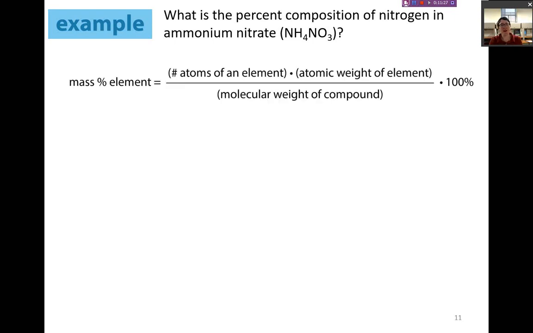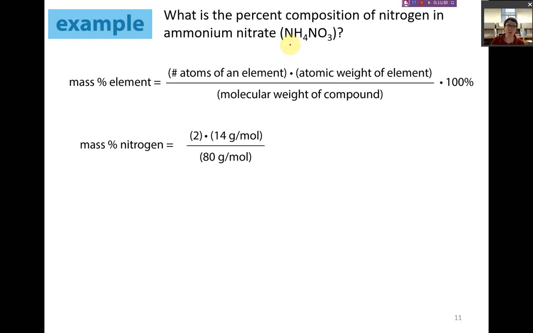Well, we've defined the mass percent of an element as equal to the number of atoms of that element times its atomic weight over the total molecular weight times 100%. So the mass percent of nitrogen would be equal to 2 nitrogen atoms times the atomic weight of nitrogen divided by the total molecular weight of the compound.